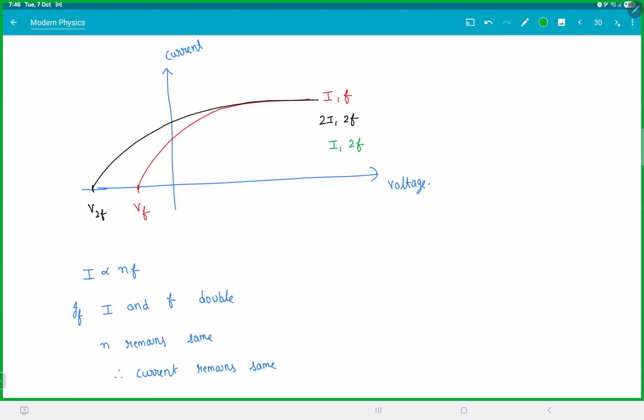Yeah, this is the graph for I and 2F. If you keep the intensity same and increase the frequency, number of photons will decrease, so current will decrease. And the stopping potential will be same as 2F. This will be the graph for 2I and F. If you keep the frequency same and increase the intensity, you get more photons, so you get more current. Please check the graphs.